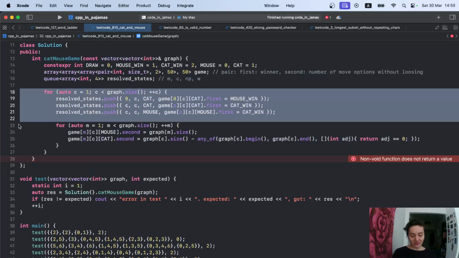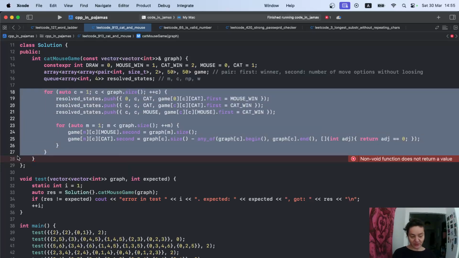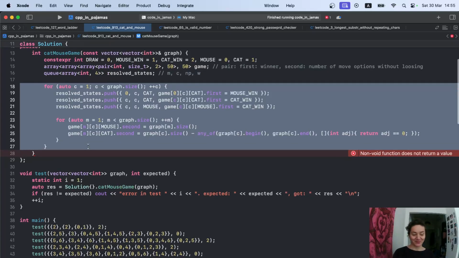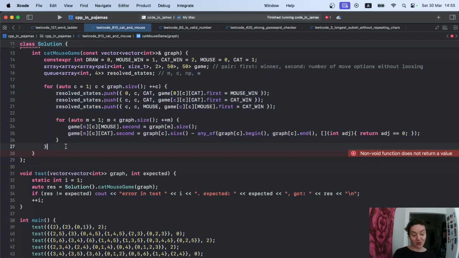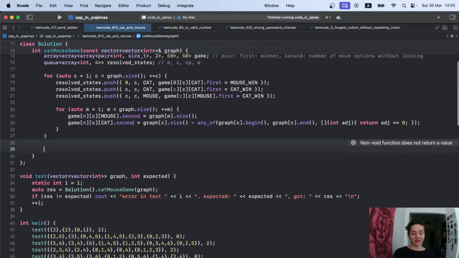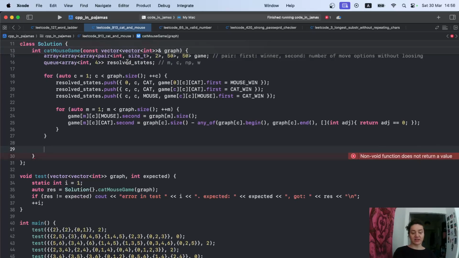So here we have our matrix initialized and we can start trying to deduce for a goal state. So let's deduce as long as there is a resolved state to deduce from, while the queue is not empty.